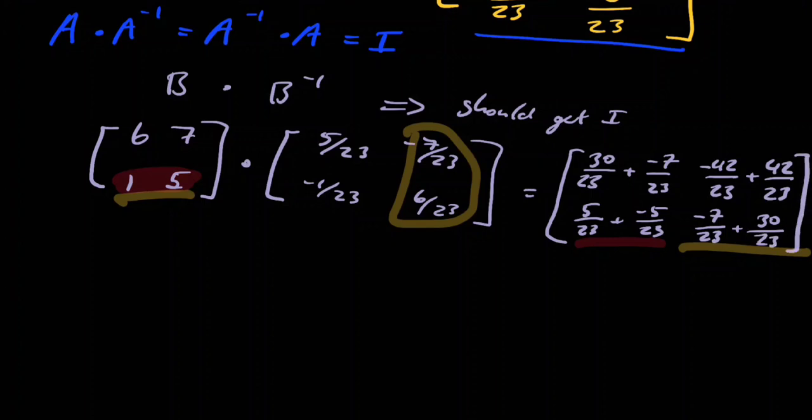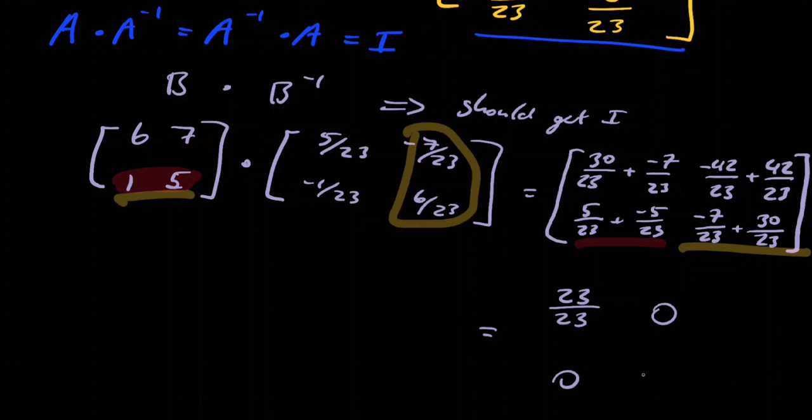So when we evaluate our fractions, we have 30 minus 7, which is 23, all over 23. We have negative 42 plus 42, which is 0. We have 5 minus 5, which is also 0.